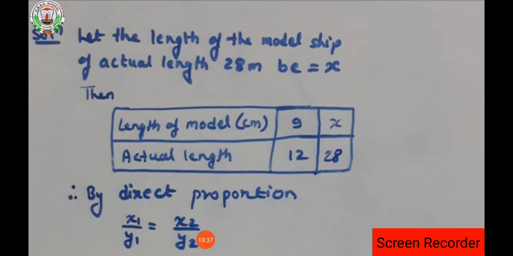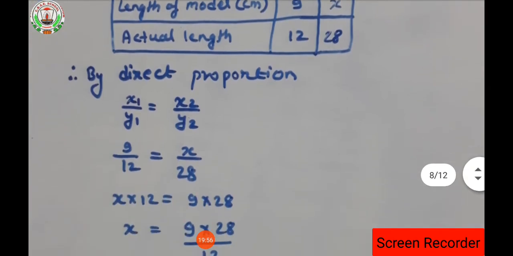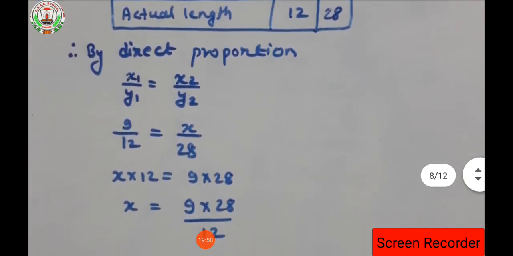So in the tabular form, the length of the model is 9 upon 12, the actual length is 12 meter, but while considering the model of the ship, imaginary, we will consider 9, isn't it? So the length of the model ship will be x, but the actual length of the ship is 28 meter. So by direct proportion, x1 upon y1 is equal to x2 upon y2.